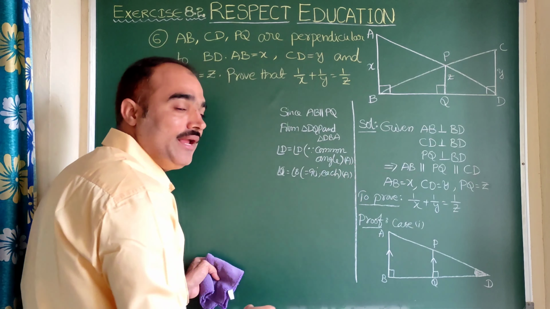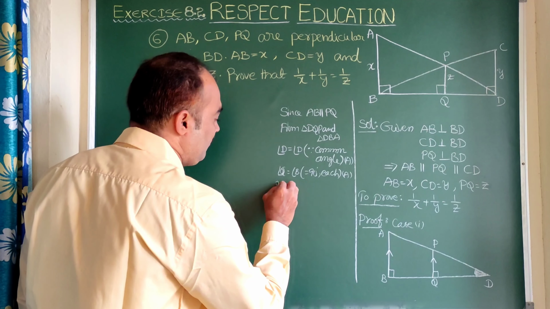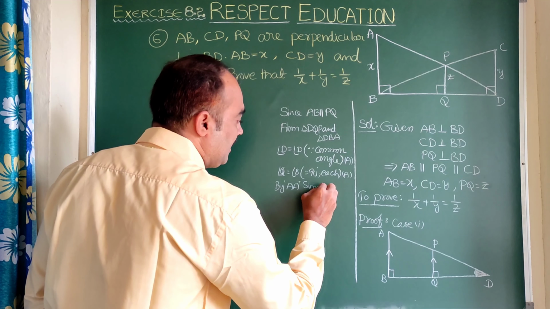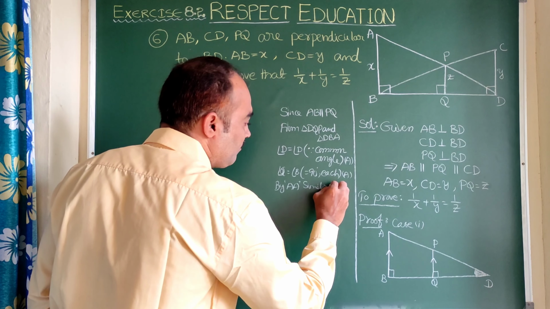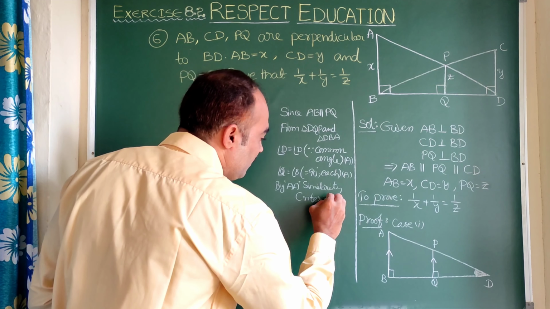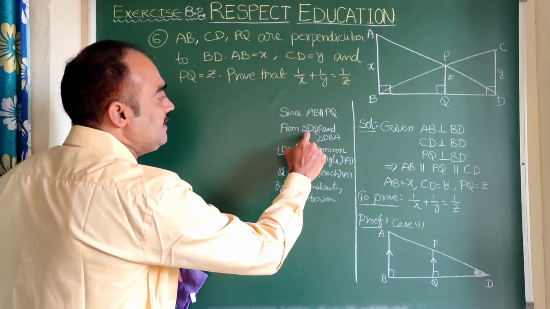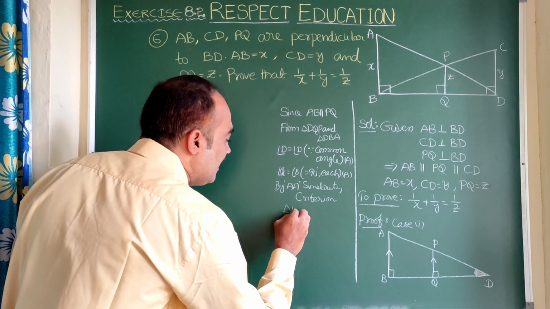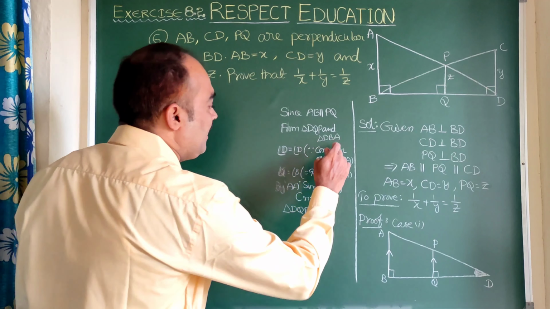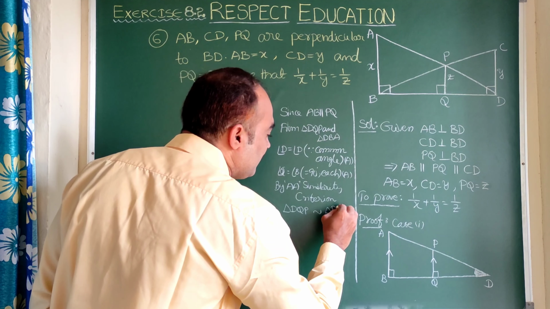So by the AA similarity criterion, we can say triangle DQP is similar to triangle DBA.